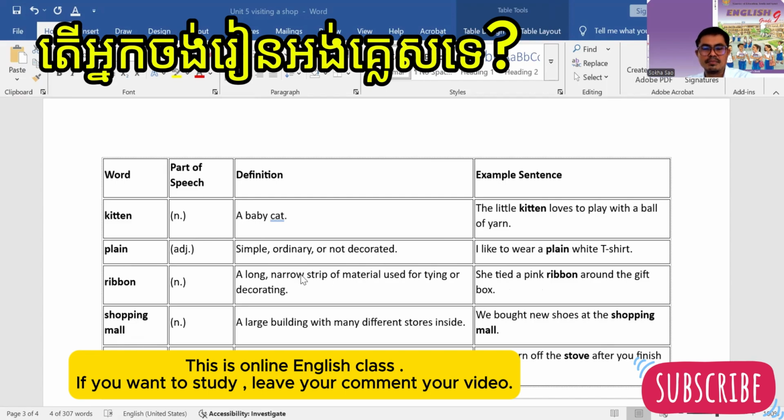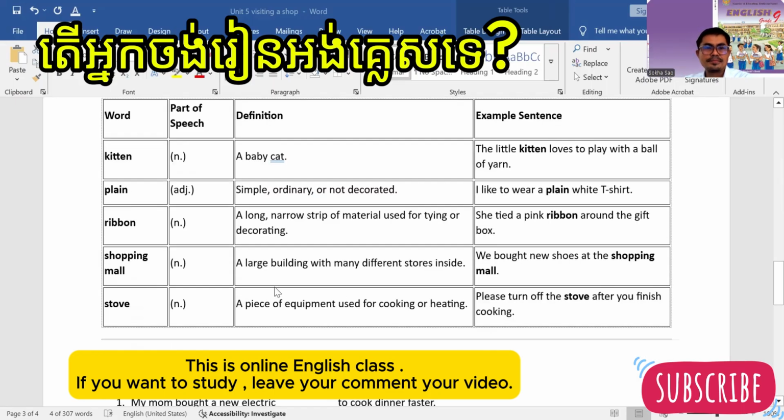And shopping mall is a noun, a large building with different stores inside. For example, we bought new shoes at the shopping mall. Stove is a noun, a piece of equipment used for cooking or heating. For example, please turn off the stove after you finish cooking.